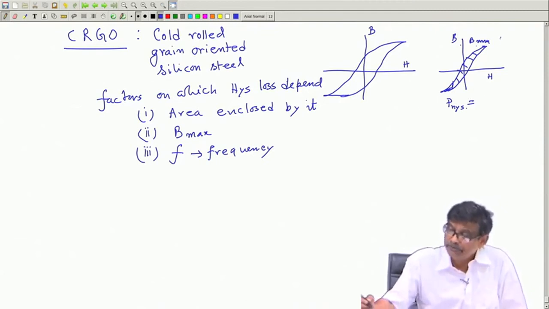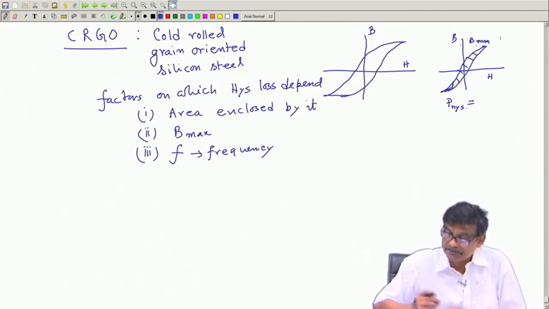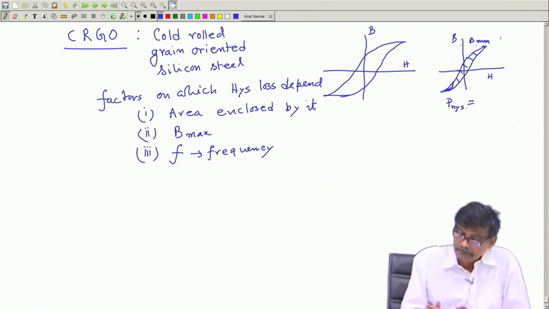So, the more the cycles, the more the frequency, the hysteresis loss will increase, per unit volume. So, it will depend on frequency.